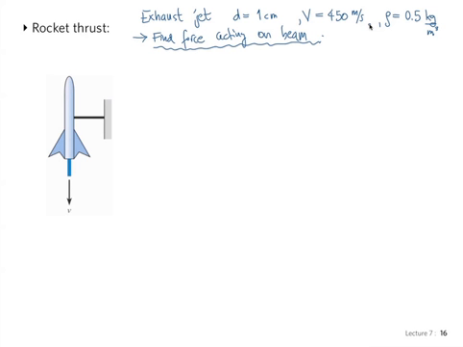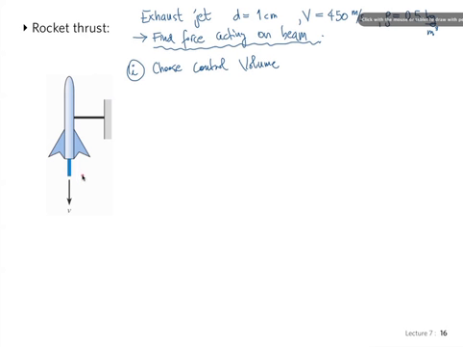So we're going to apply momentum conservation to find the force. The first thing to do is to choose a control volume. One of the most useful things to do is usually to look at your situation and choose a control volume that is perpendicular to the velocity so that we can obtain those fluxes quite easily.